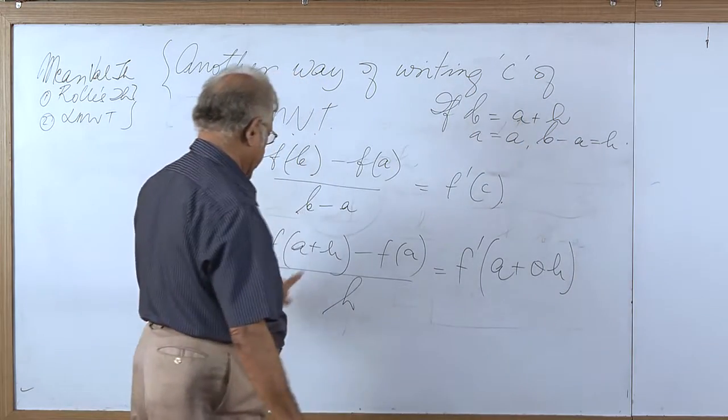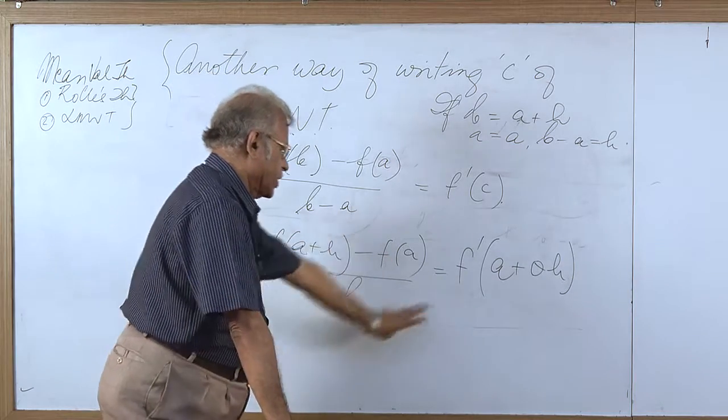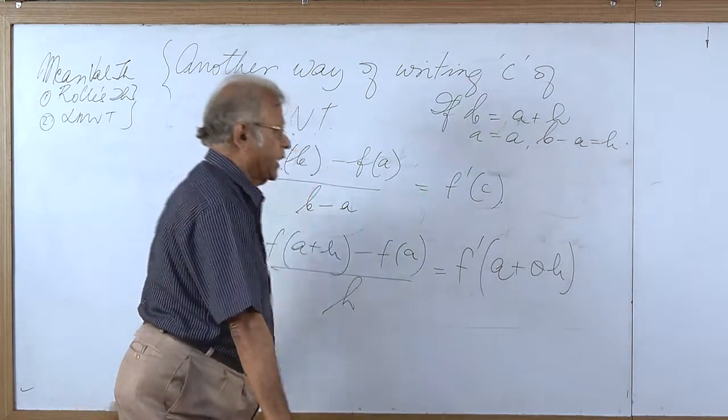In other words, f(a plus h) minus f(a) is h times f dashed (a plus theta h).